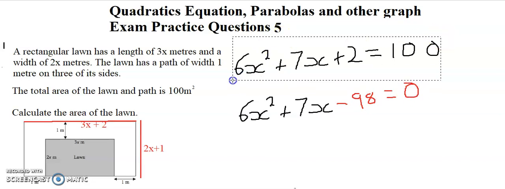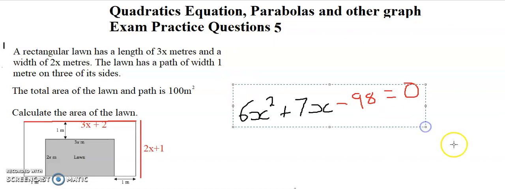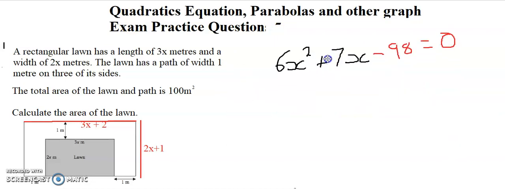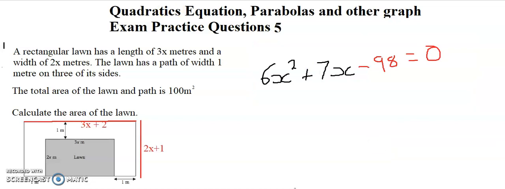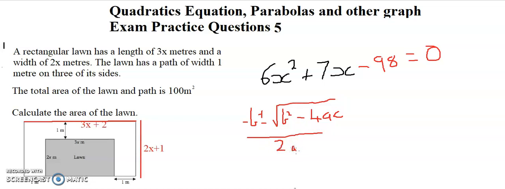So now that we've got it in that form, I'm going to use the quadratic formula to help me out with solving for x. So the quadratic formula is negative b plus or minus the square root of b squared minus 4ac over 2a.